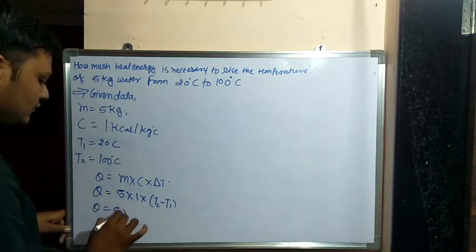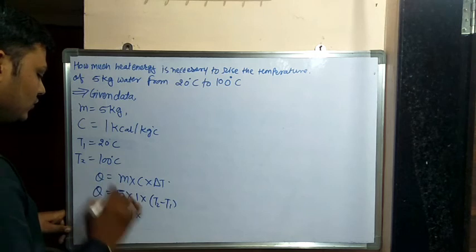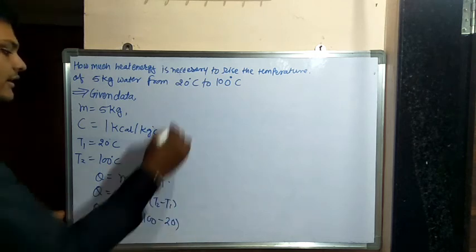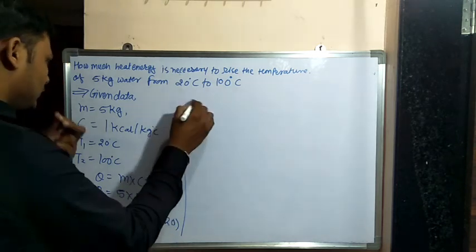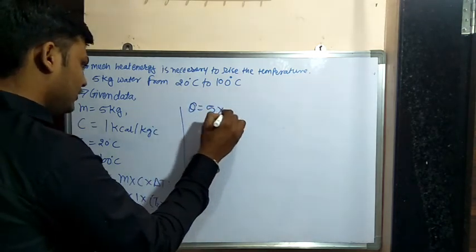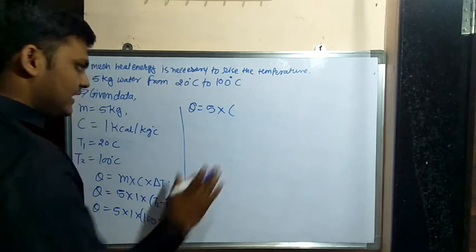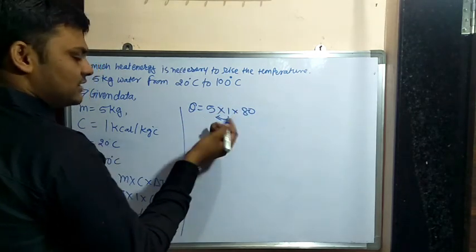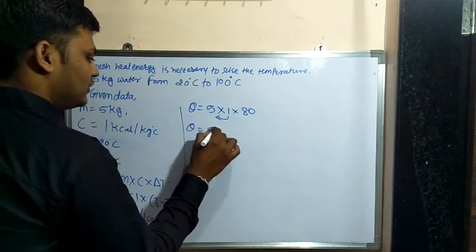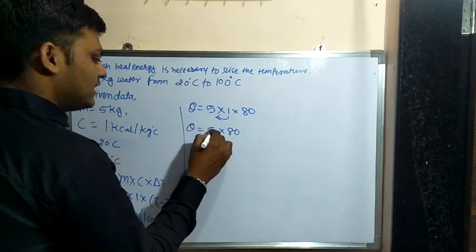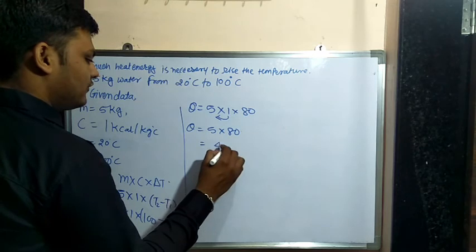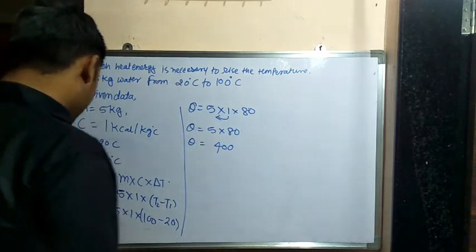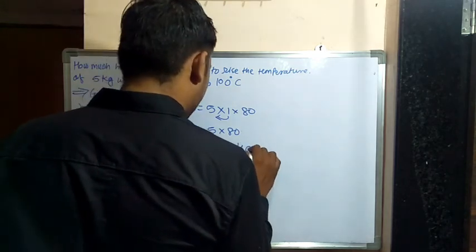Q is equal to 5 into 1 into 100 minus 20, which is 5 into 80. 8 fives are 40, and 0 as it is. So Q is equal to 400 kilocalorie.